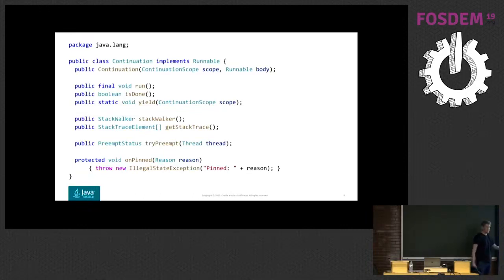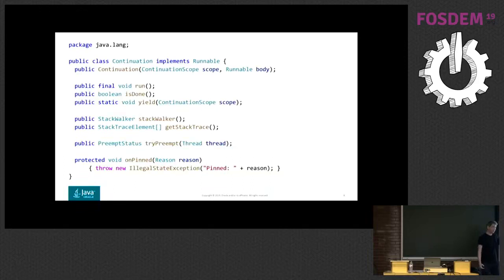Finally, we have some technical limitations that do not allow us to yield at any point in time. There are some states that we don't allow yielding in. One example is if you run inside the continuation and you have some Java code that calls out to native code through JNI, which then calls back into Java, and then you try to yield.